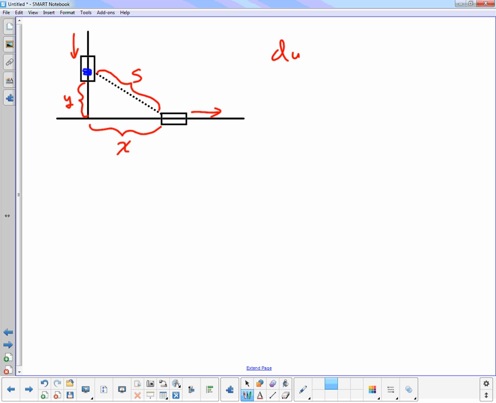So, dy/dt. We're going to say that the police officer is doing a respectable 60 miles per hour. I know, right? And ds/dt is 20 miles per hour.